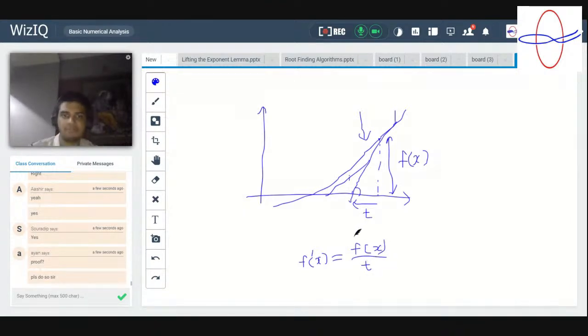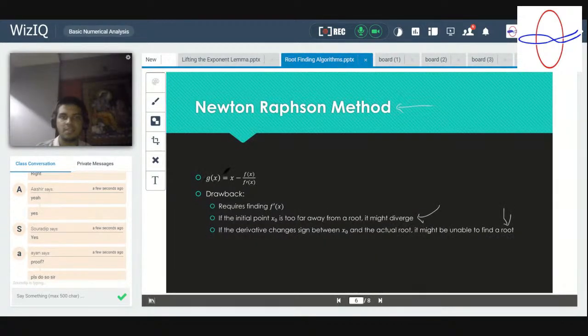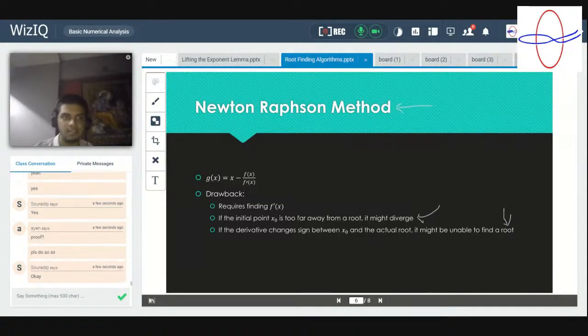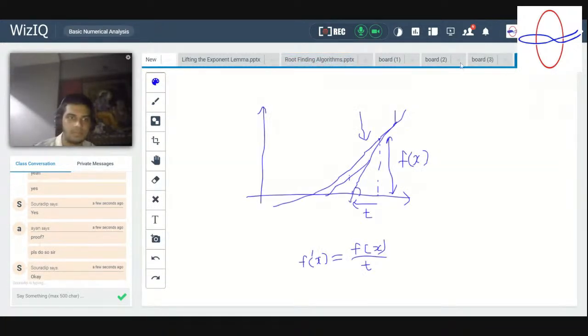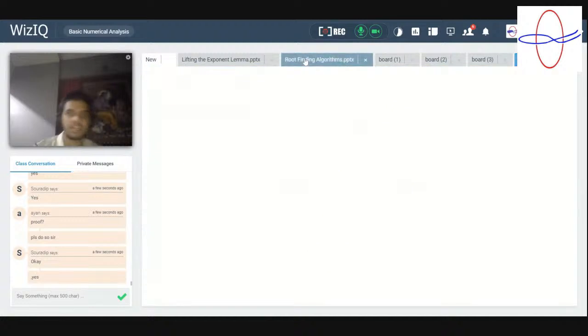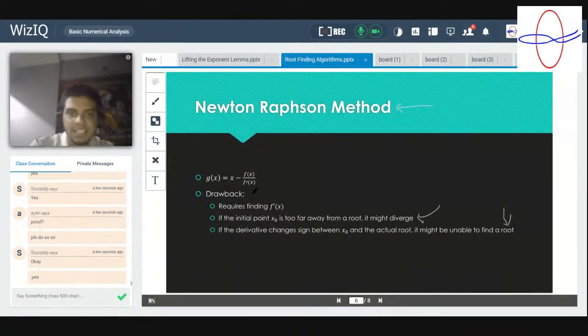So t is f of x upon f dash of x. So we are subtracting t, and hence the new value becomes x minus f of x upon f dash of x. Is that clear? Right. So that's basically our formula.